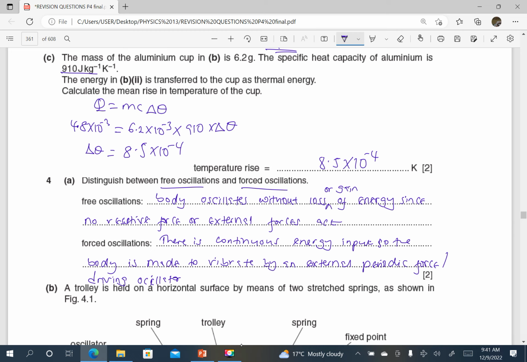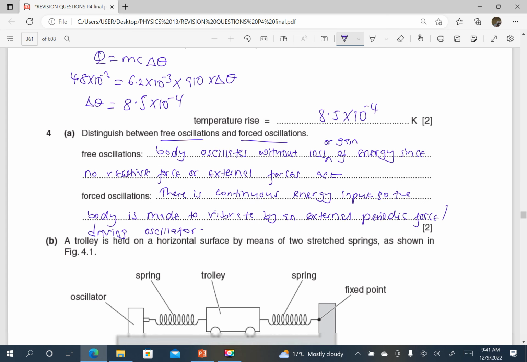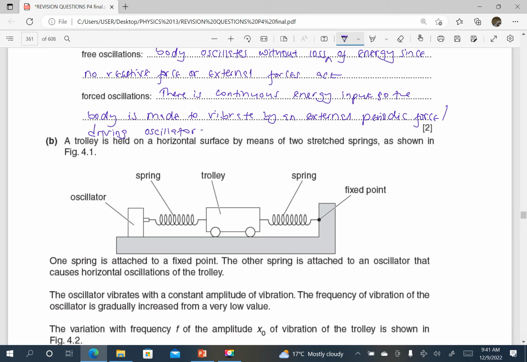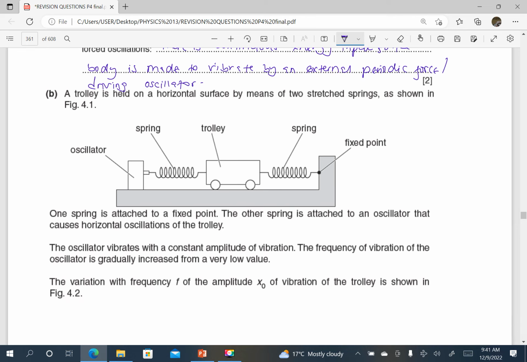There is a system which supplies a continuous amount of energy, which I'm now calling a driving oscillator, so that a given body is made to oscillate by an external periodic force over a required period of time. The frequency with which it oscillates is going to be the forced frequency.